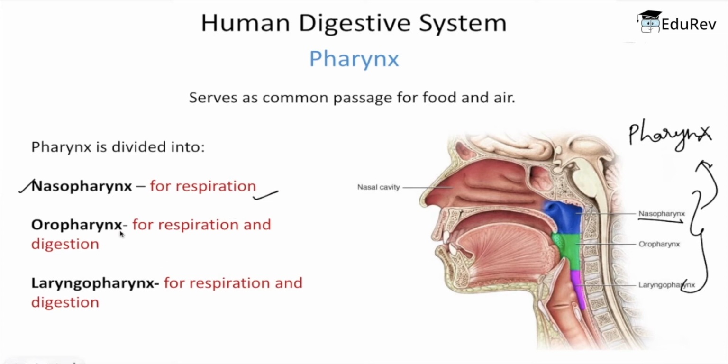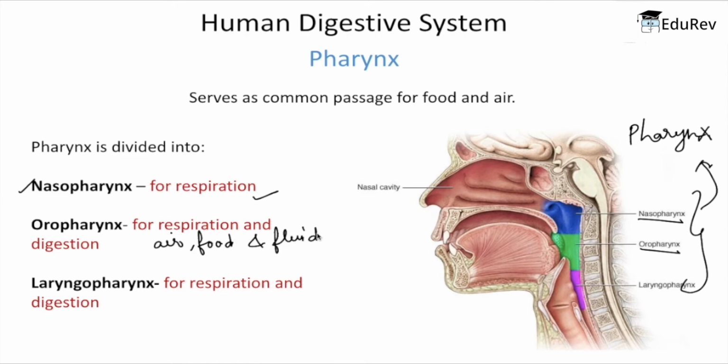Now the middle part of the pharynx is the oropharynx, which is marked in green. The function of the oropharynx is that it allows passage for air, food and fluid.